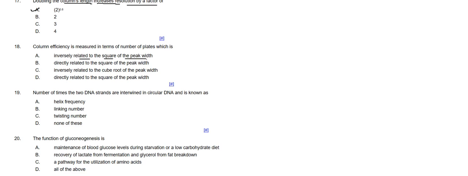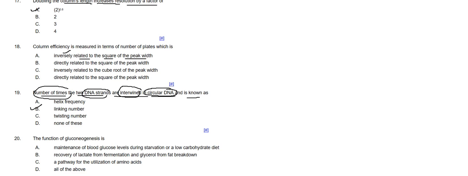Okay, column efficiency is inversely related to the square of the peak width. Number 19, number of times the two DNA strands are intertwined in a circular DNA is known as. Okay, it is known as linking number, which is the number of times the DNA strands are intertwined in a circular DNA.